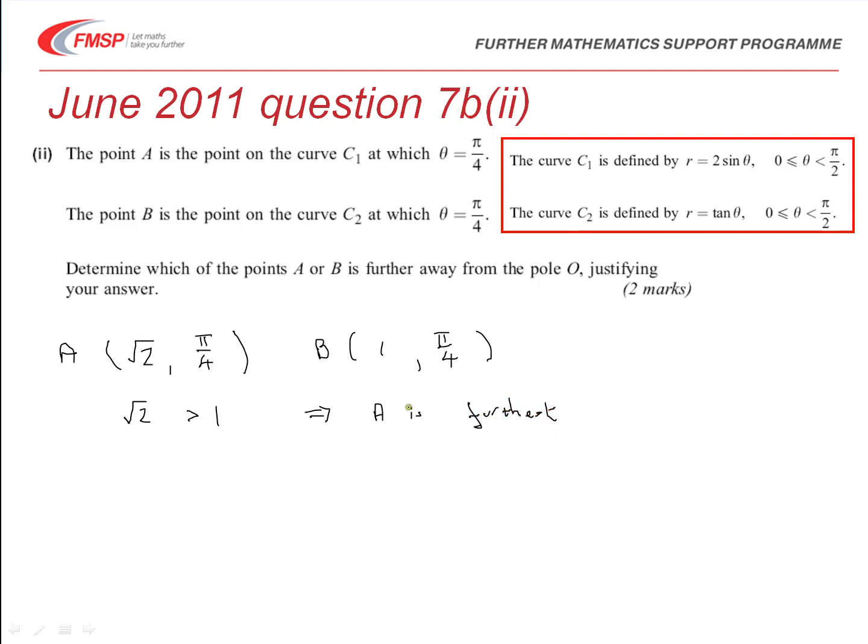Just 2 marks for this. So again, coming up with each of these coordinates, I'll give you 1 mark, and then for making a statement that A must be furthest because root 2 is bigger than 1, that will give you 1 mark there.